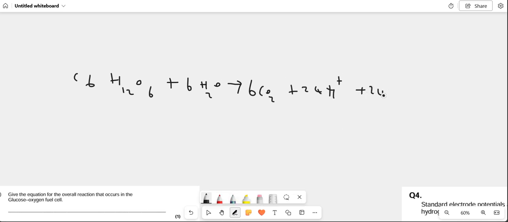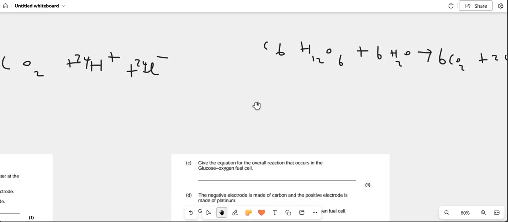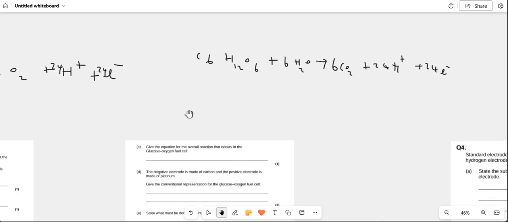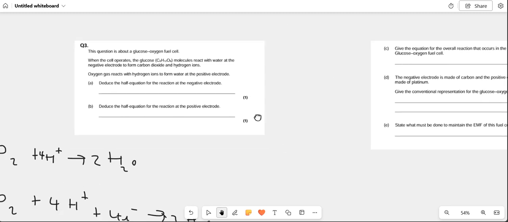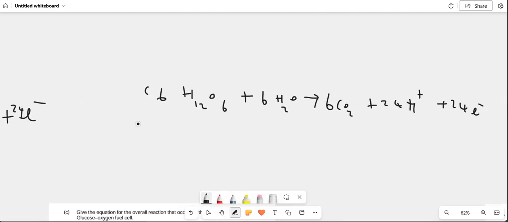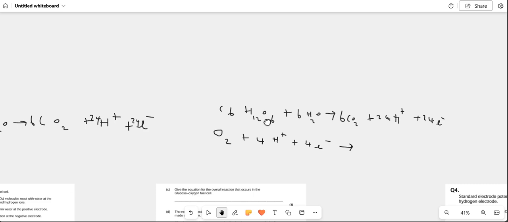So that's just writing out the first half equation. And now the second half equation we had was this one over here, so O2 plus 4H plus plus 4e minus gives 2H2O.